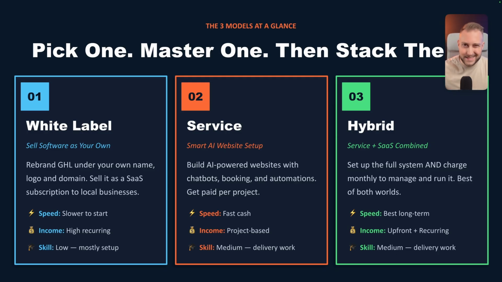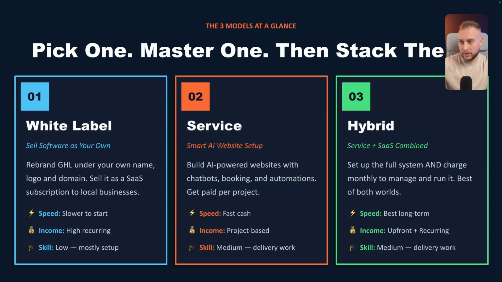Local businesses will rather pay that than someone $10,000 for a website that doesn't do anything. In this case, you have speed, which is fast cash. If you need fast cash, this is probably the best option to go for. It's project based, and you don't really need a lot of skill. It's a medium skill, and basically you just deliver the work.